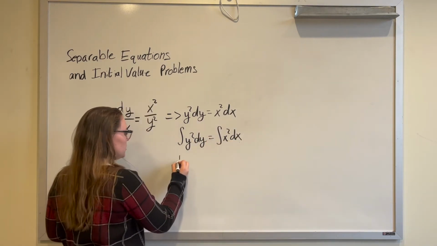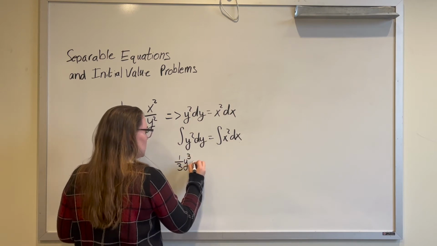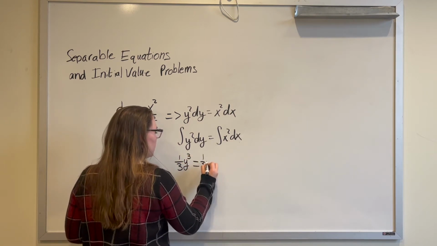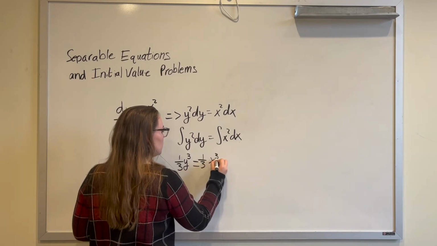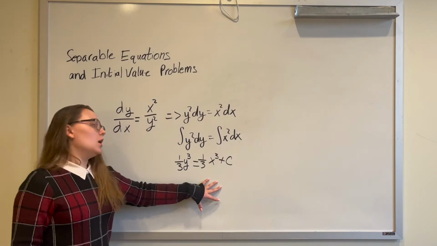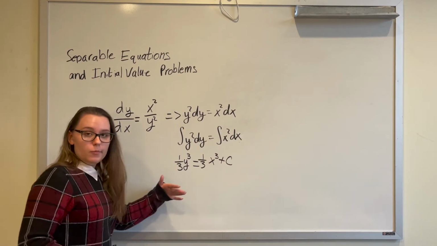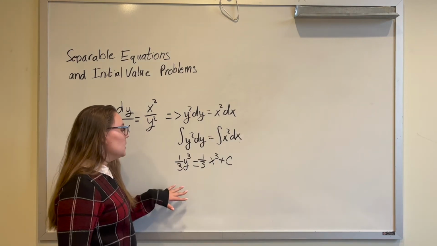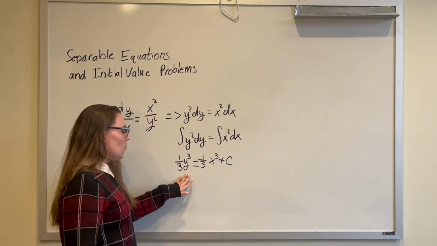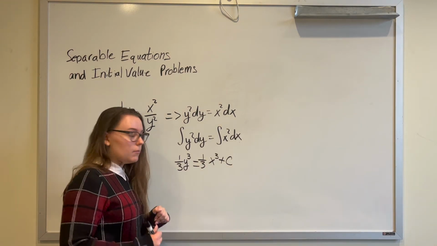And then we can integrate to get 1/3 y cubed equals 1/3 x cubed plus c. And we only need to add plus c on one side because it's a constant and there's only going to be one of them. Our next goal is to get y by itself, as in just y equals some function.